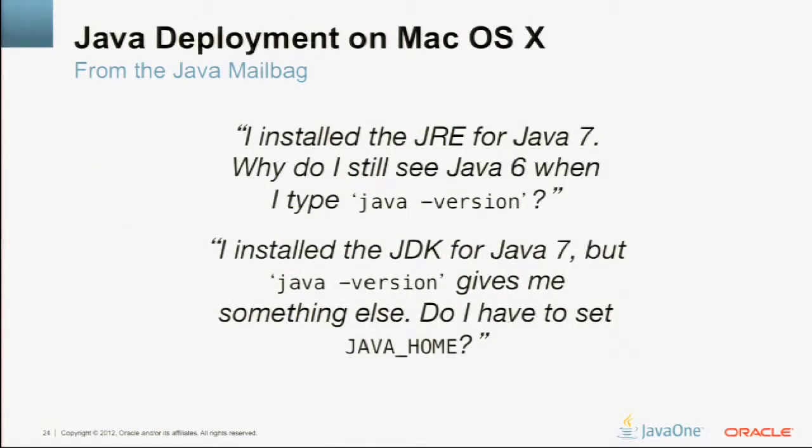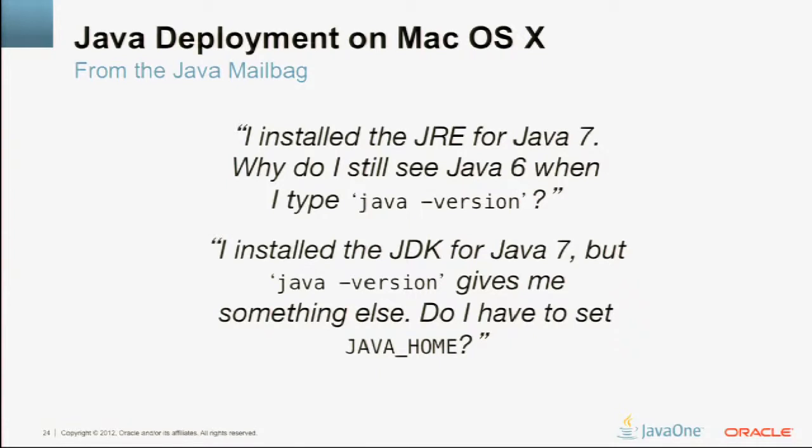So some more questions, and these two are related, so I put them on the same slide. I installed the JRE, so why do I still see Java 6 when I type java -version? Or something very similar: I installed the JDK for Java 7, but java -version gave me something else.